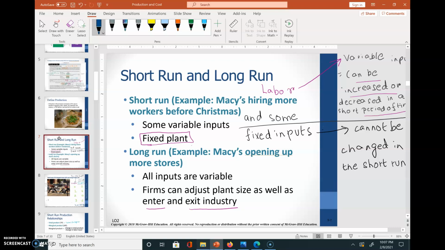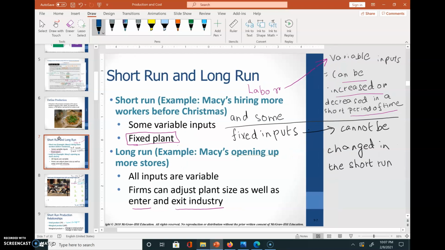A variable input is something that can be increased or decreased in a short period of time, and fixed inputs cannot be changed in the short run. Labor is an example of a variable input. One example of the short run is Macy's hiring more workers before Christmas.